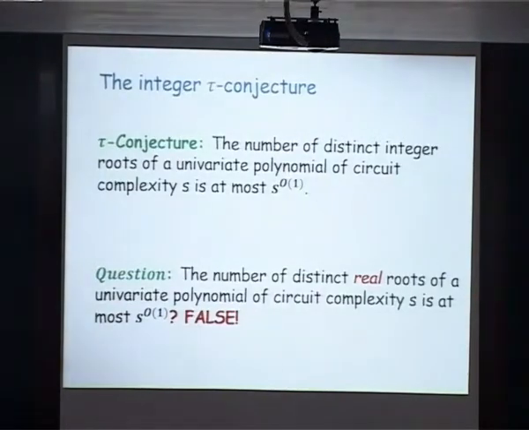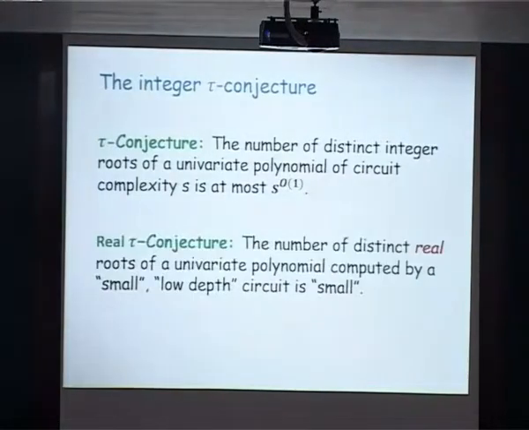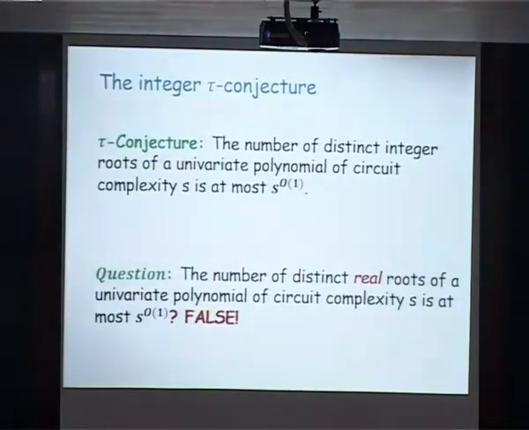So maybe one could try to conjecture that the number of distinct real roots of an efficiently computable polynomial is small. But unfortunately, that turns out to be false, and counterexamples are known. But in some sense, all the counterexamples that we know of for this statement have high depth circuits.